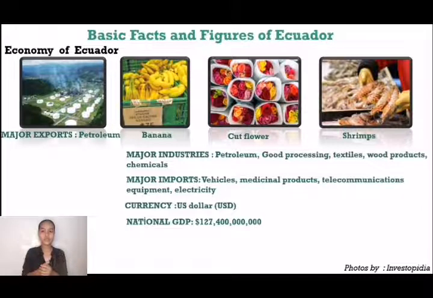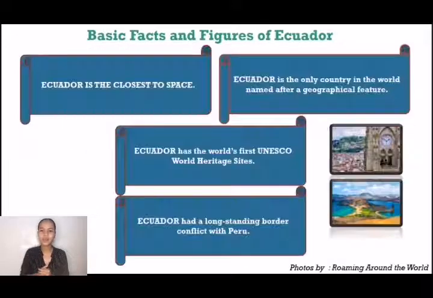But I figured out that it's a great time for another installment of facts about Ecuador that you might not have known. So let's add more. Okay, Ecuador is the closest country to space. Next, Ecuador is the only country in the world named after a geographical feature.